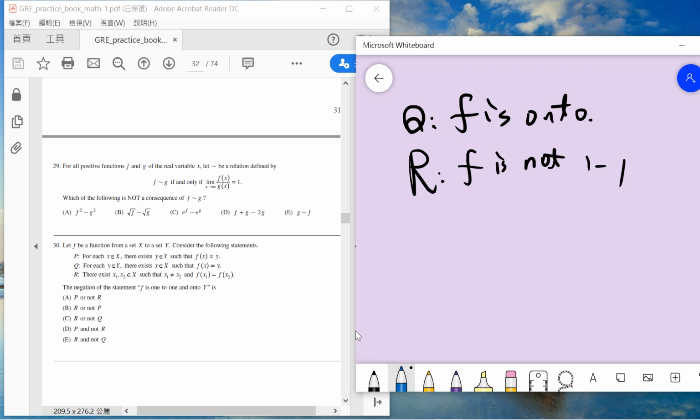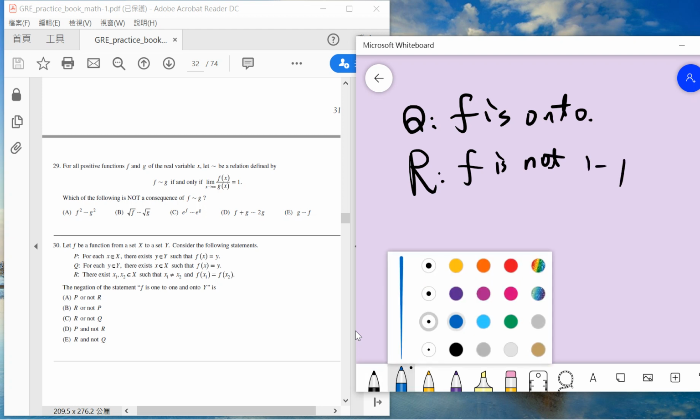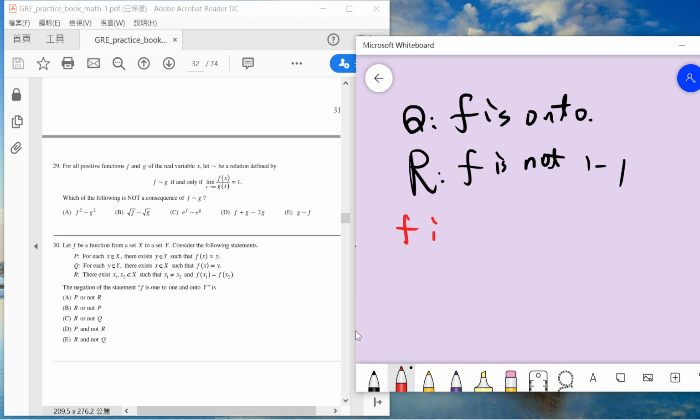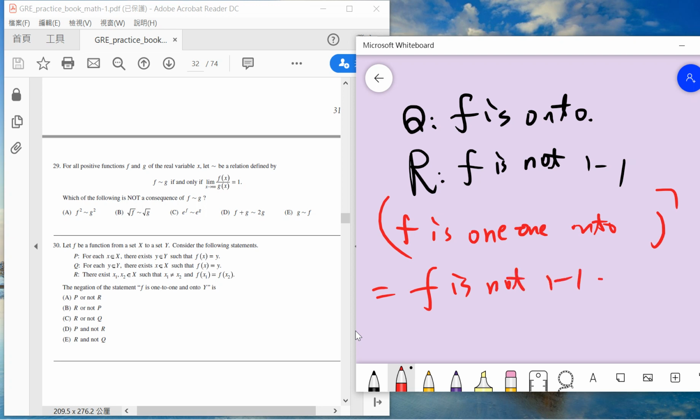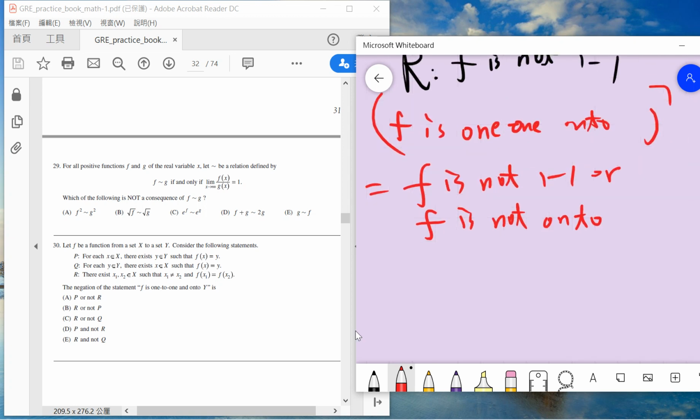Quite a negation statement of f is 1-1 and onto. So basically this is f is 1-1 and onto. So the negation is f is not 1-1, or f is not onto. So remember that the and will be replaced by or.